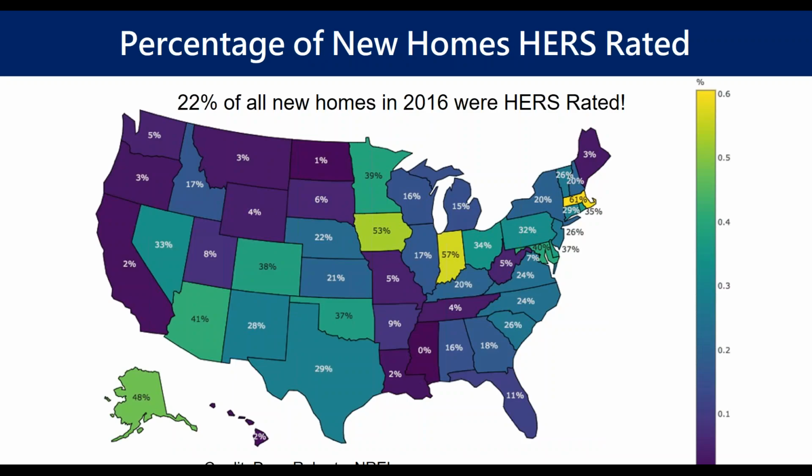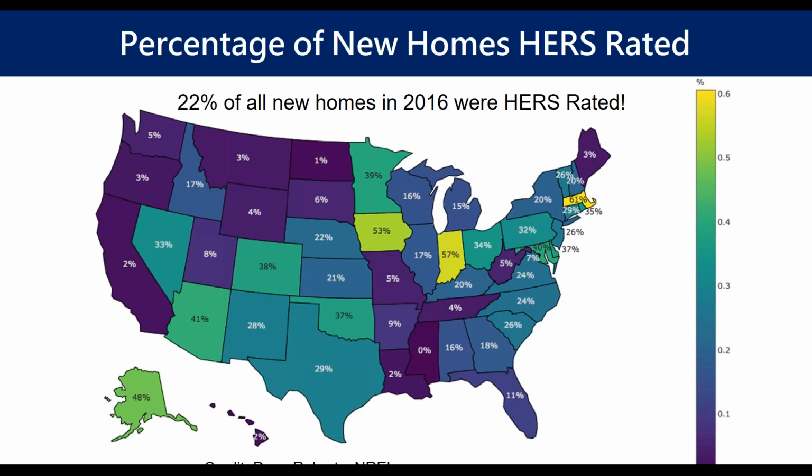This map here shows the percentage of new homes that were HERS rated in comparison to all residential construction starts within each of the states. This is a study that was done using the RESNET HERS data, by Dave Roberts at NREL. And you'll see that there are 3 states that really stand out.